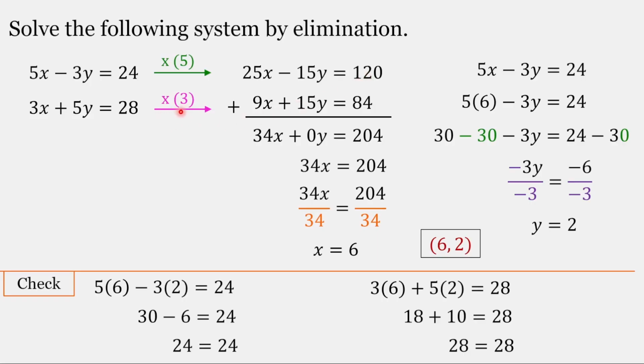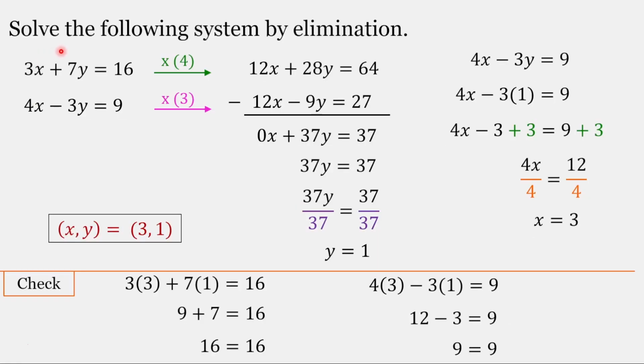And then the second equation by 3, we have 9x plus 15y equal to 84. Adding these two equations, our y variable disappears, and we can solve for x. And we get a value for x of 6. Plugging it back into either of these equations, we end up with a y value of 2. And so the answer is the ordered pair 6, 2.